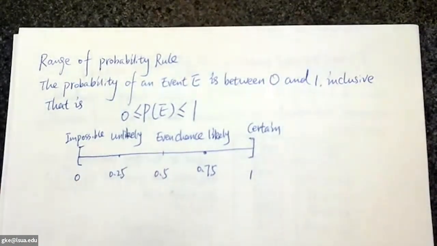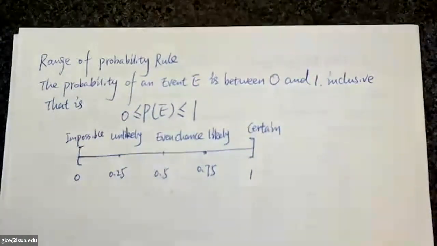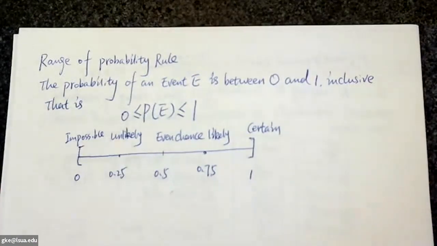And if a probability is 0.5, just like you toss a coin, you have 50% to get a head or tail, right?